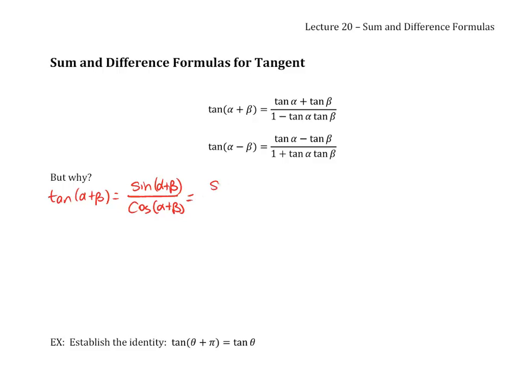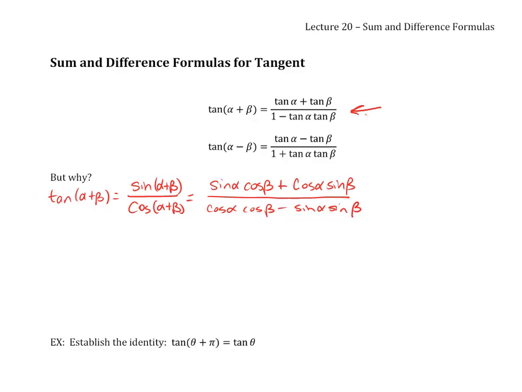know sine of alpha plus beta is sine alpha cosine beta plus cosine alpha sine beta divided by, and this is going to be cosine of alpha cosine of beta plus sine alpha, actually minus sine beta. And we're trying to show this formula here.